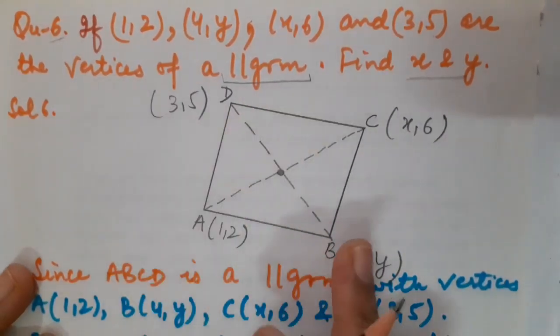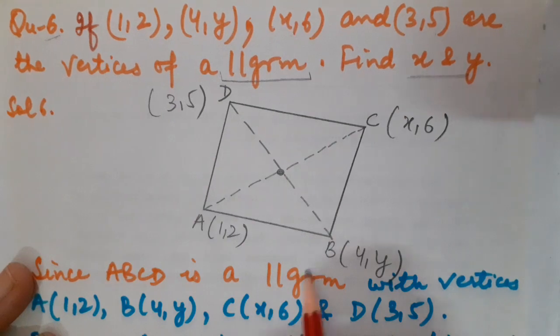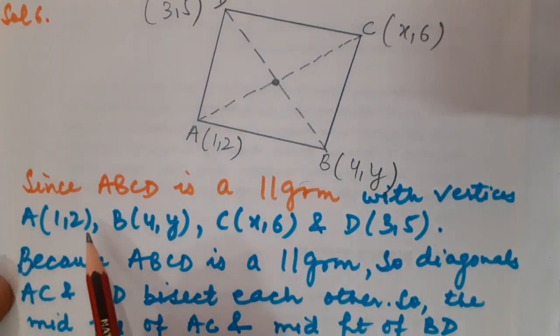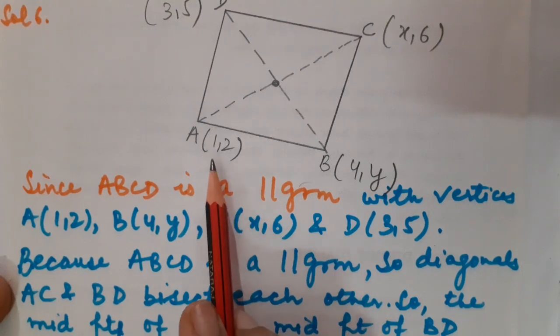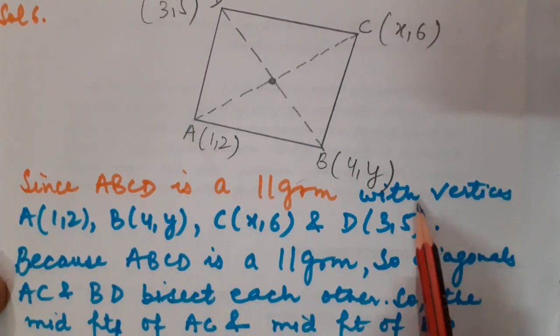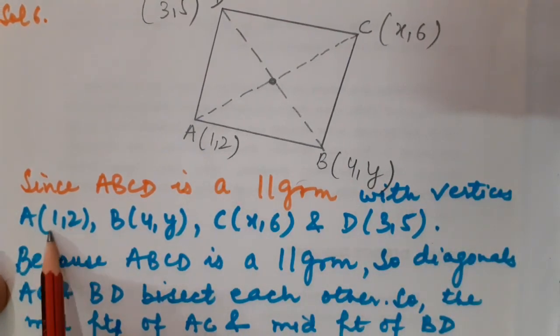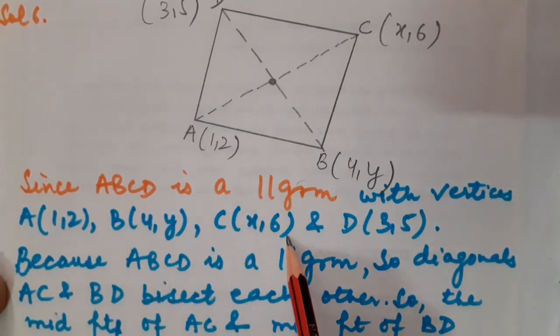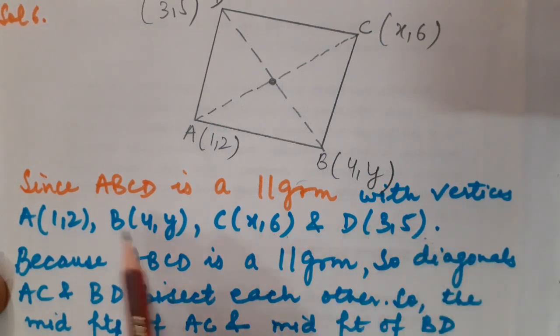So this is a parallelogram. Here I have written the coordinates as well as the vertices names. Children, I have just given the names first of all. Let the vertex A be (1, 2), B (4, y), C (x, 6) and D (3, 5).